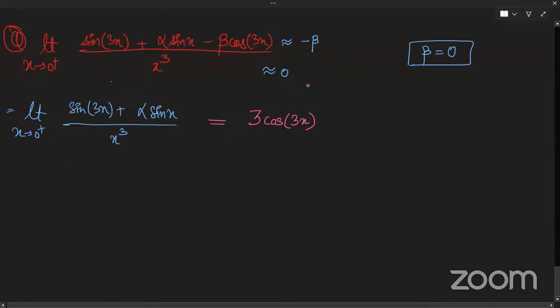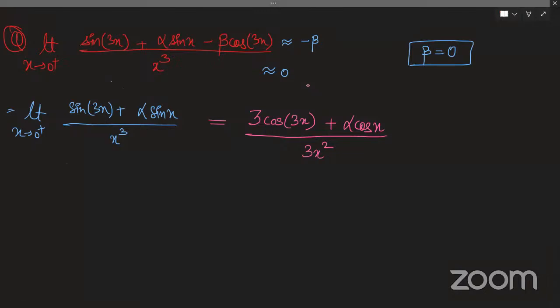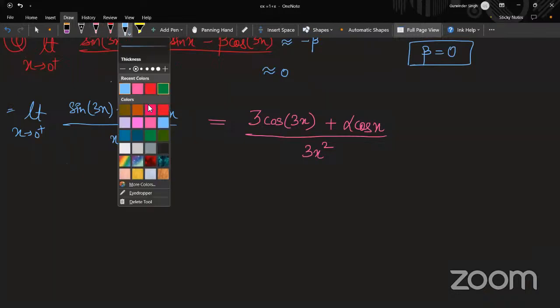So cos of 3x into 3 plus alpha cos x whole divided by 3x square, right?